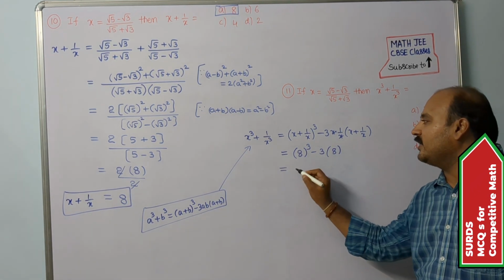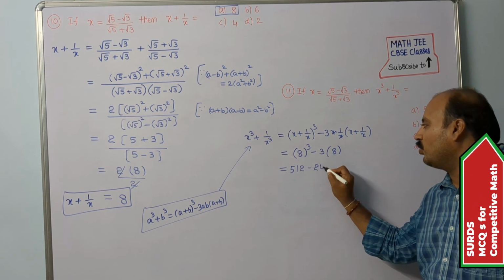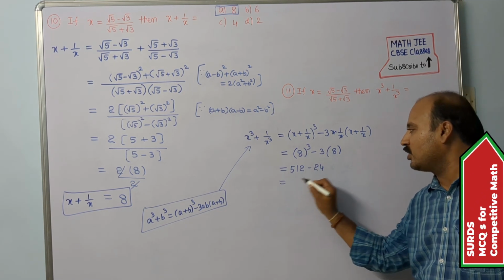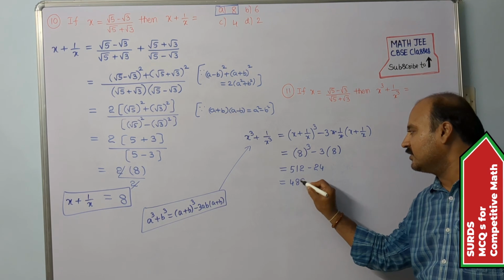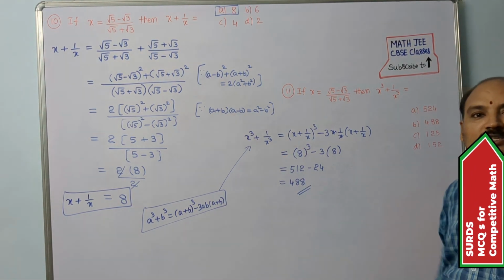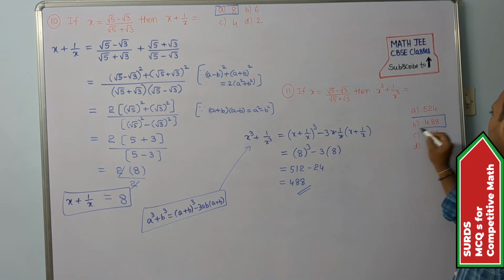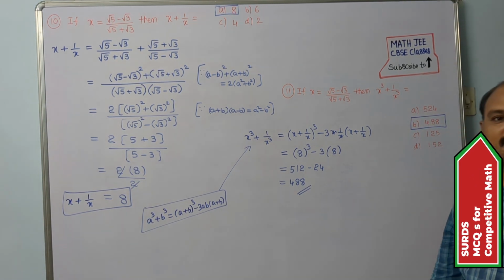So 8 cube is 512 minus 24. So 512 minus 24 is 488. Therefore, the value of x cube plus 1 by x cube equals 488. It is there in the second option, dear students.